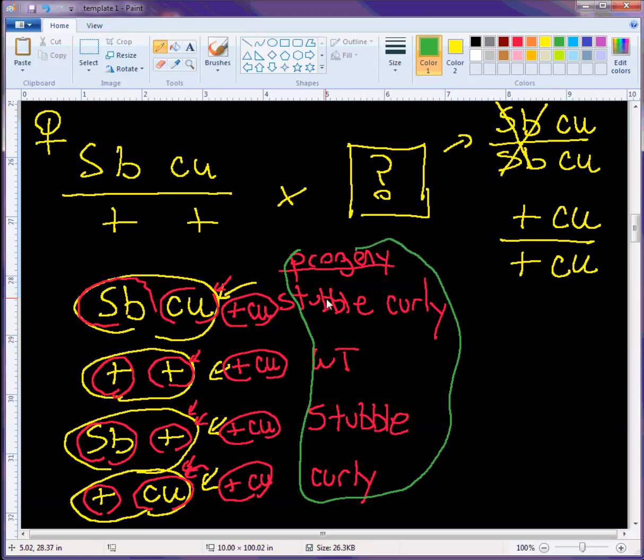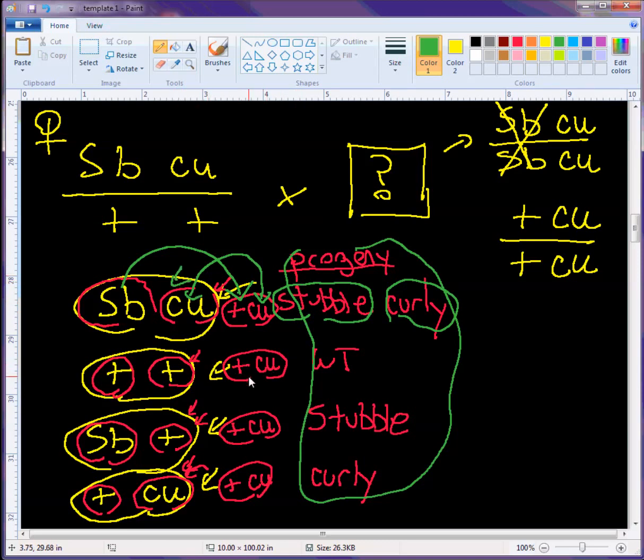When we're looking for stubble and curly, we can see this SB is dominant to that plus, so these progeny will be stubble, and this CU and this CU are both recessive, so they will be curly. Okay, perfect. So every time this egg is fertilized with +CU, the progeny are going to be stubble and curly. And great, we're going to be able to know the genotype of that egg in each case.